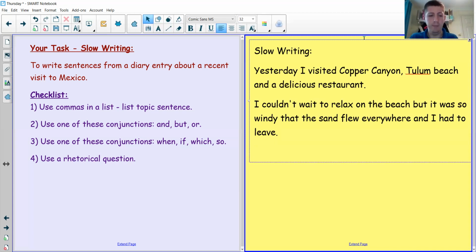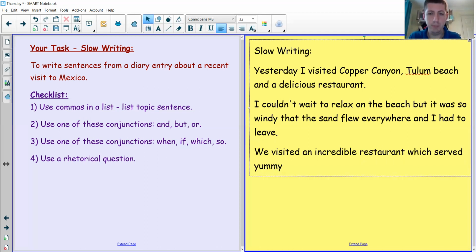I'm going to say, we visited an incredible restaurant and I want to describe what it was like. So I'm going to say what it served there. So I'm going to say which served yummy fajitas and sweet chocolate churros.